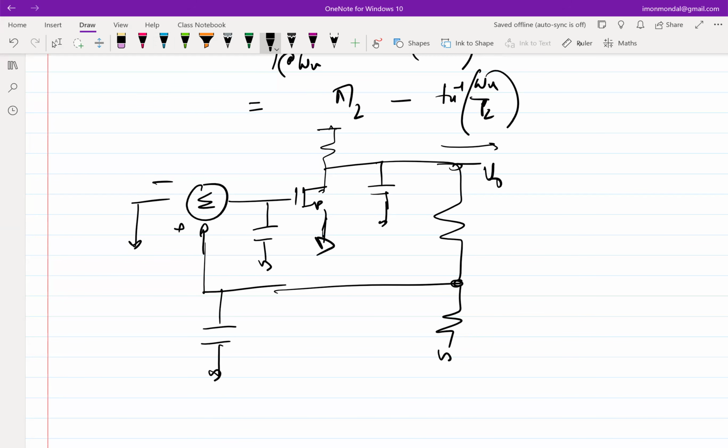But it is not so difficult to find out what is GH, because what I'll do, I'll find a place to break the loop. So let's say this capacitance is here. I'll find a place to break the loop here. Apply a V test. Find out V return, not V naught.